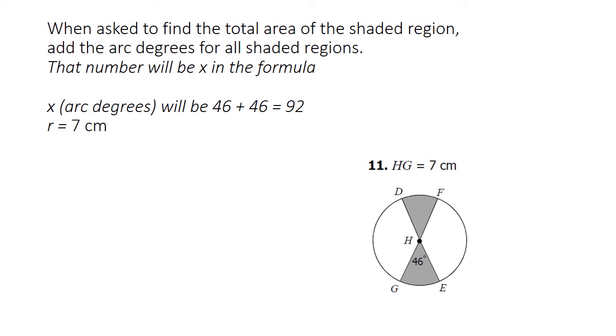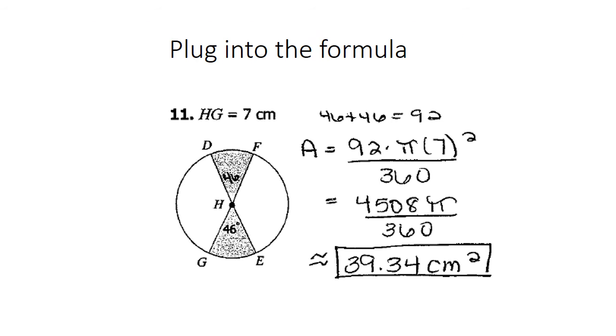So for the x variable, the arc degrees, we're going to add the two central angles that we know, 46 plus 46, and we're going to get a total of 92, and that will be the number that we use as our x, and our radius is 7. We will plug those numbers into our formula. We get 92 times pi times 7 squared. We'll simplify that, divide by 360, and we get 39.34 centimeters squared.